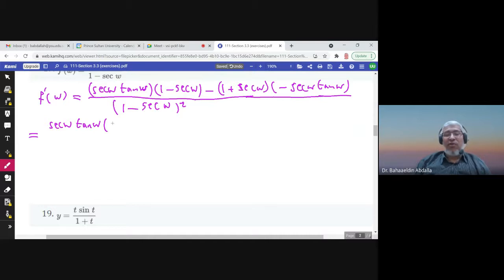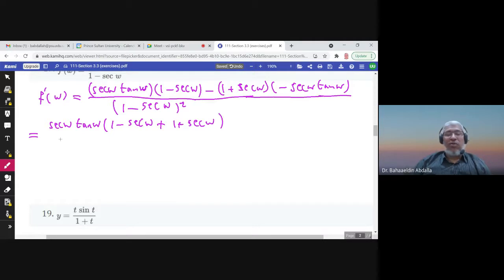So I will have 1 minus secant w from the first term, and this minus will come with this minus, and it would be product plus. So I have plus 1 plus secant w.